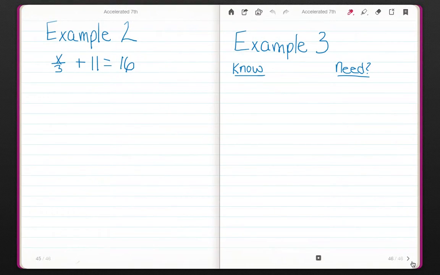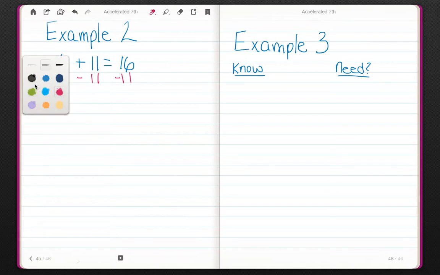Example 2. So again, I'm going to use the order of operations backwards. So I have x divided by 3 plus 11 equals 16. The first thing I'm going to do is subtract 11 from both sides. So I'm left with x divided by 3 equals 5.